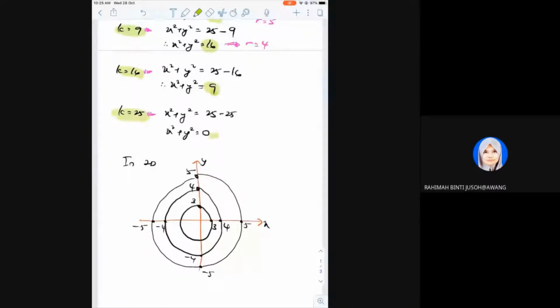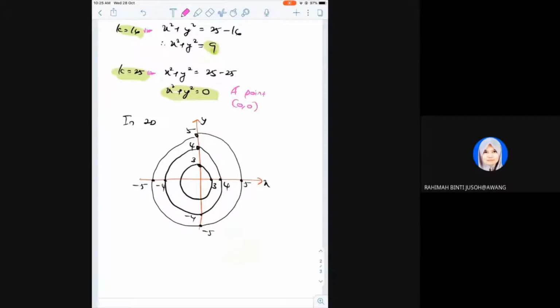We have x squared plus y squared equals to 0, which means we don't have any radius here. It just becomes a point at (0, 0), since x equals to 0 and y equals to 0. So we just get this point, (0, 0).